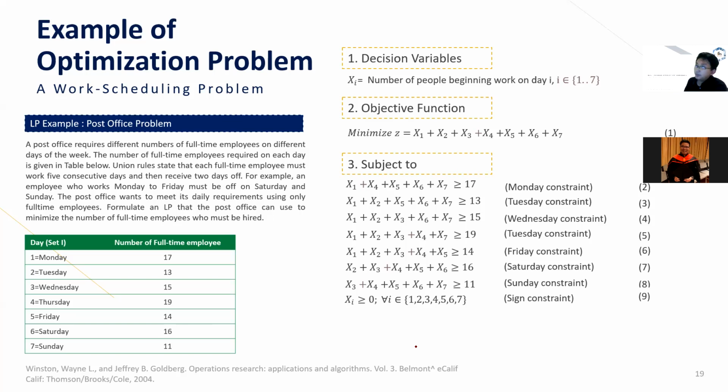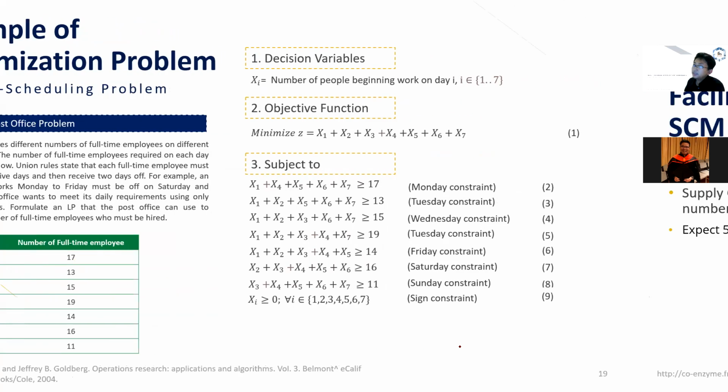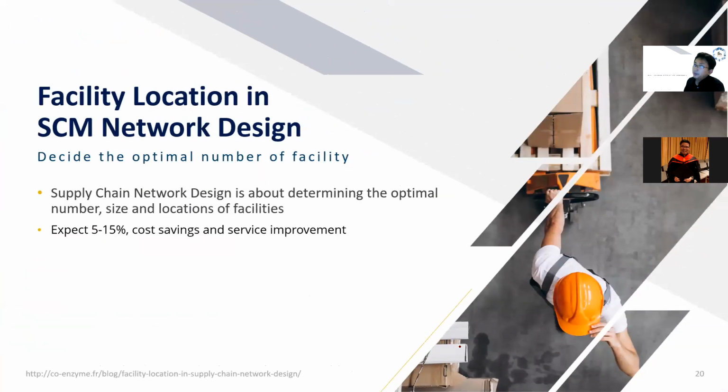This one is the work scheduling problem. They have different objective functions, different constraints, and we will cover facility locations in the third week, I guess. In the third week we will discuss a lot of models related to facility locations.